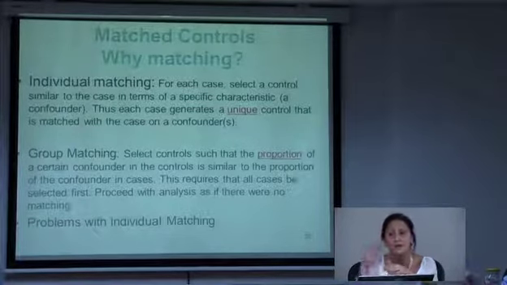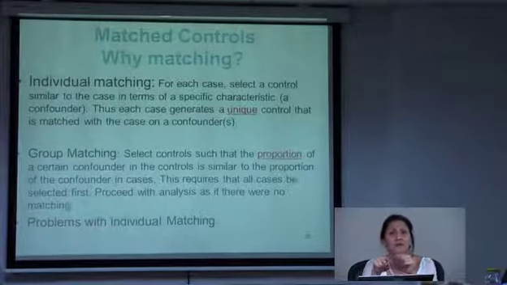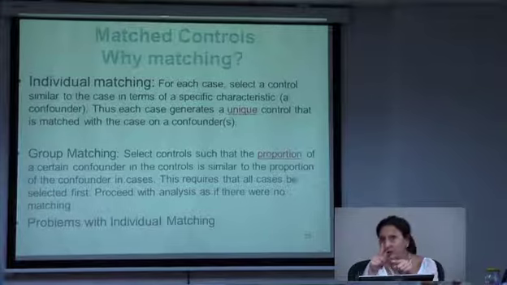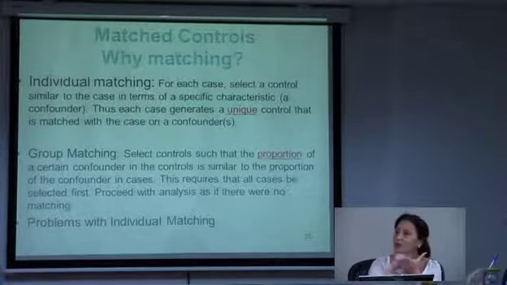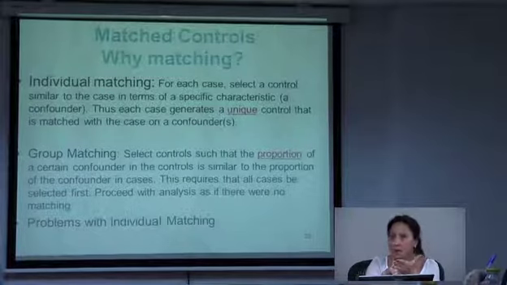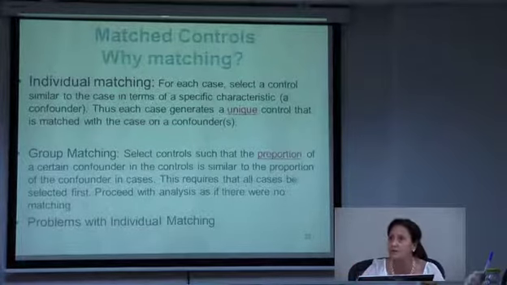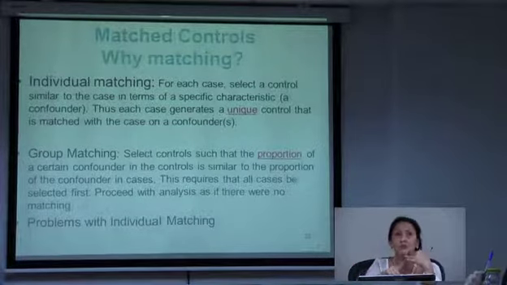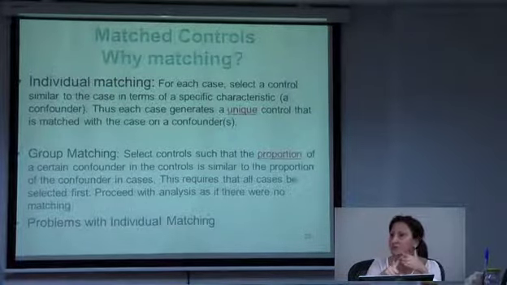Another example: with frequency matching, the disadvantage compared to individual matching is that with individual matching, as you identify a case, you go and find the control. In group matching, you have to first collect the data on all your cases and see their distribution with respect to the characteristic you want to control for, be it age, gender, or place of residence.